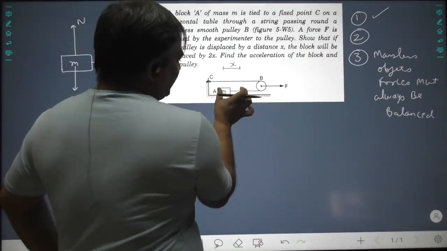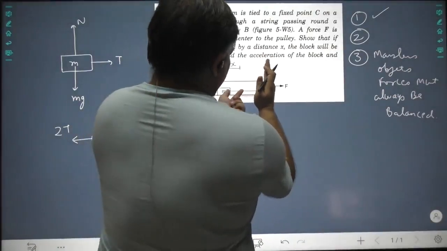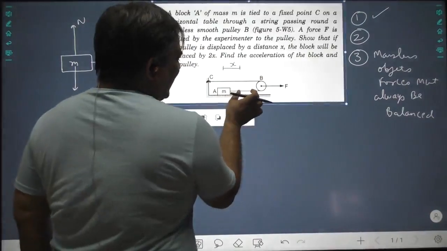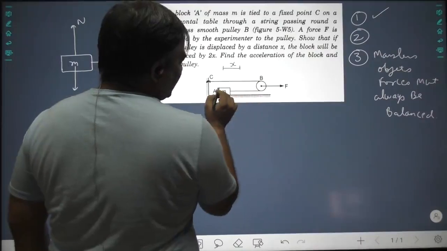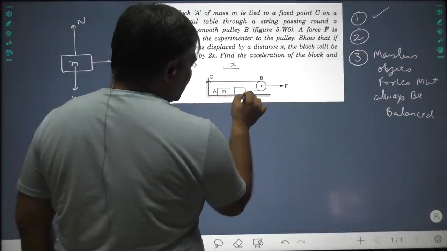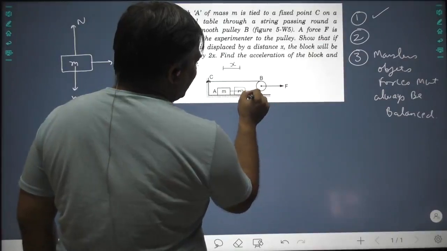So x length of a string, suppose this is here, do not move it, just move it a distance x. So you will free an x length of a string. If this comes from here to here, then x length of a string will be left here.